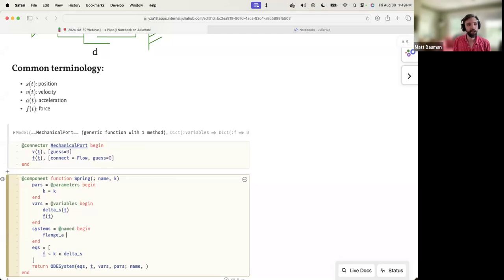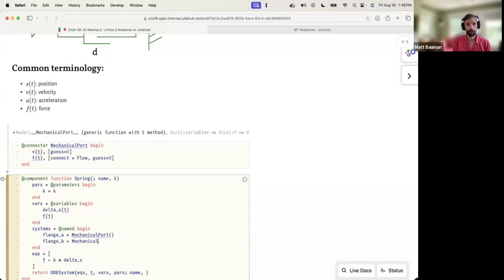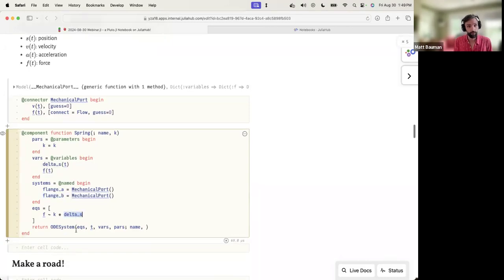So we'll have flange A being on the one side, the mechanical port, and flange B is going to be our other mechanical port. And this will then allow us to determine what that delta S is, right? Because our delta S is going to be the displacement between our flange A and our flange B. And in fact, remember that the mechanical port is defined in terms of its velocity.